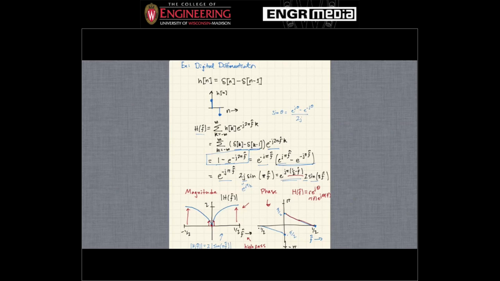We have to adjust our definition of r so that it's still positive. The way we do that is by adding another factor of e to the minus j pi, because e to the minus j pi is just minus 1. If you didn't follow all that, it's not too important because we're mostly going to focus on how magnitude affects these sinusoidal inputs and not how the phase is changed.